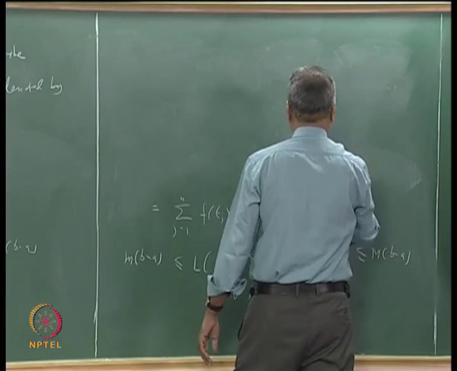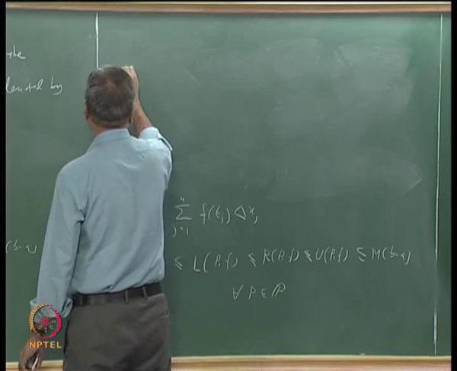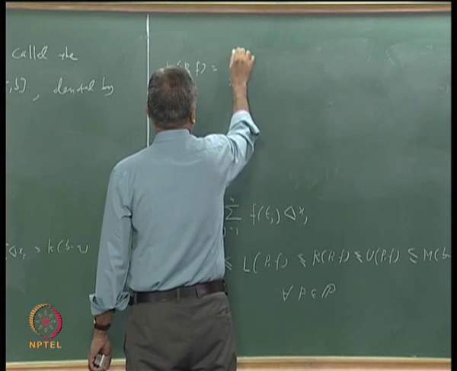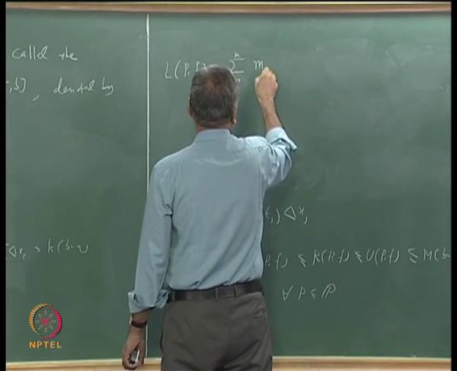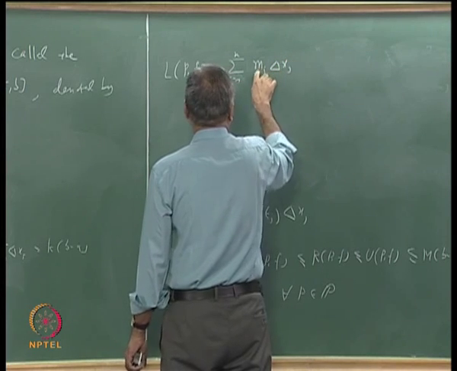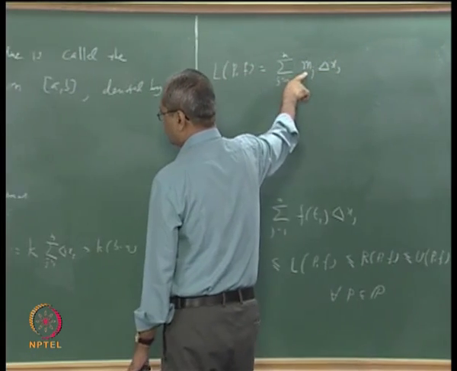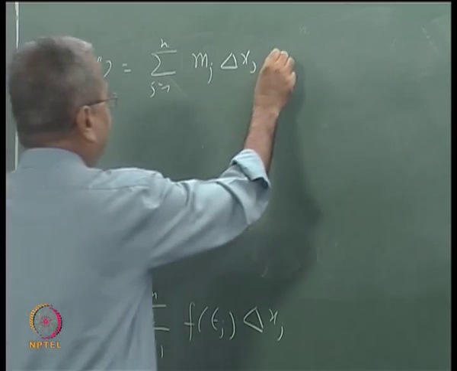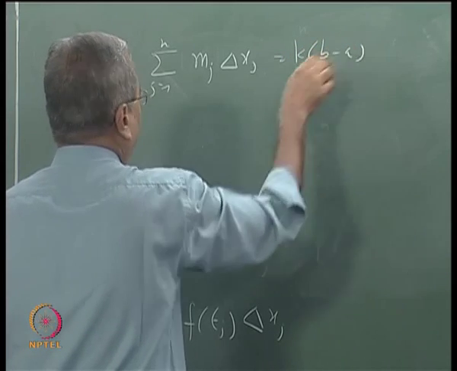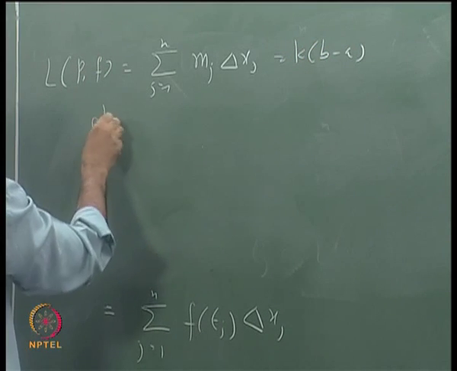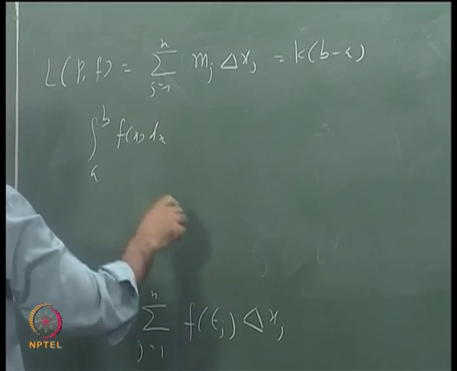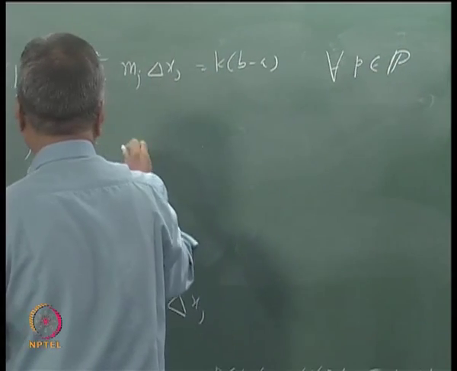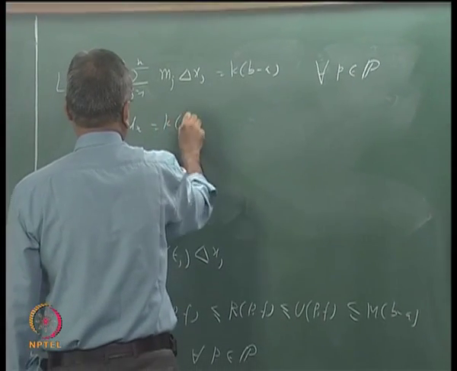L(P, f) is the sum over j going from 1 to n of small m_j into delta x_j. Since small m_j is also equal to k, because the function is constant throughout the interval and hence on every subinterval, this will also become k times (b minus a), for every partition P. So the lower integral will also be k into (b minus a).